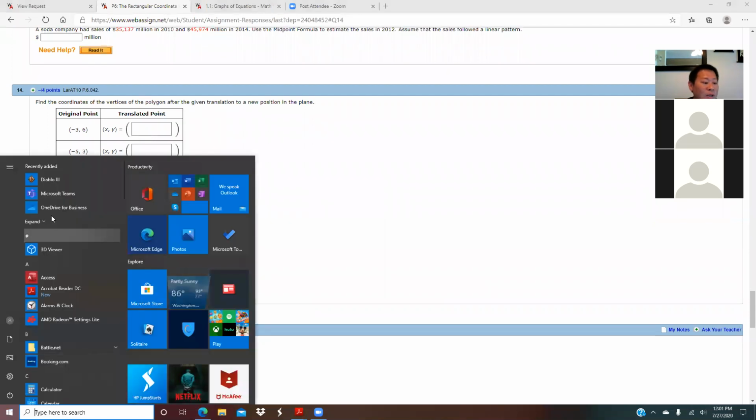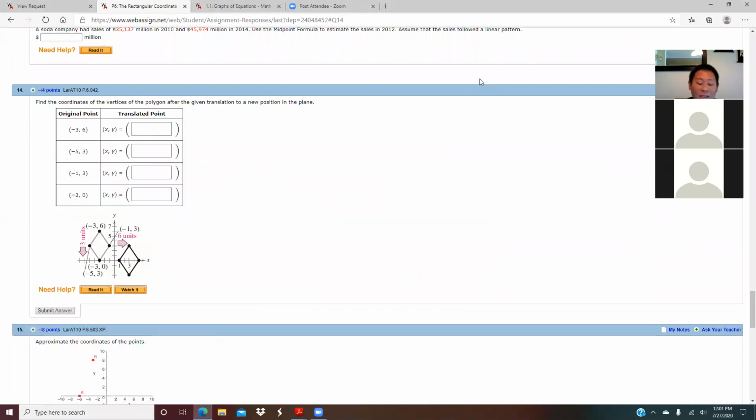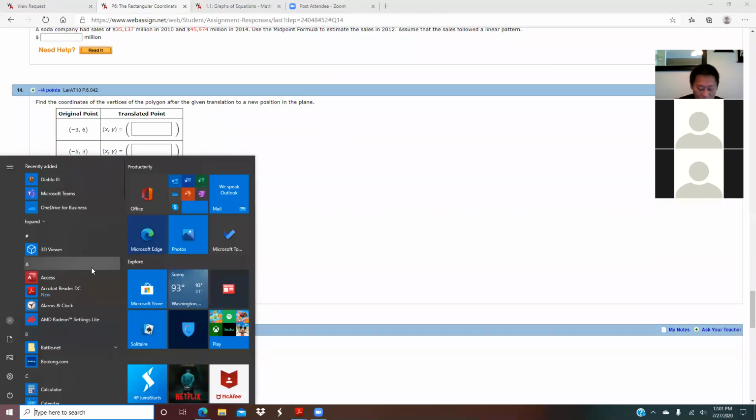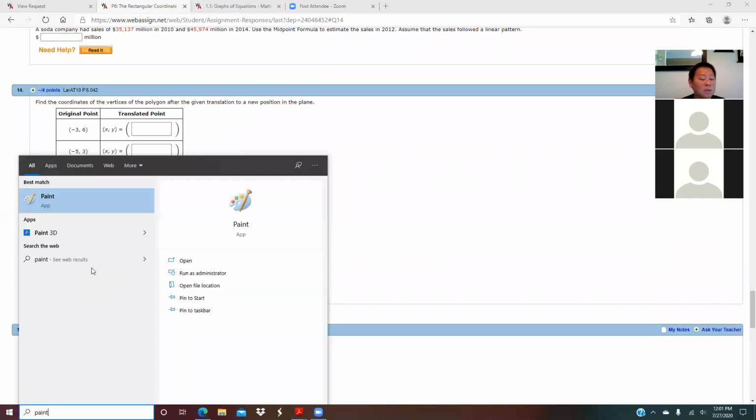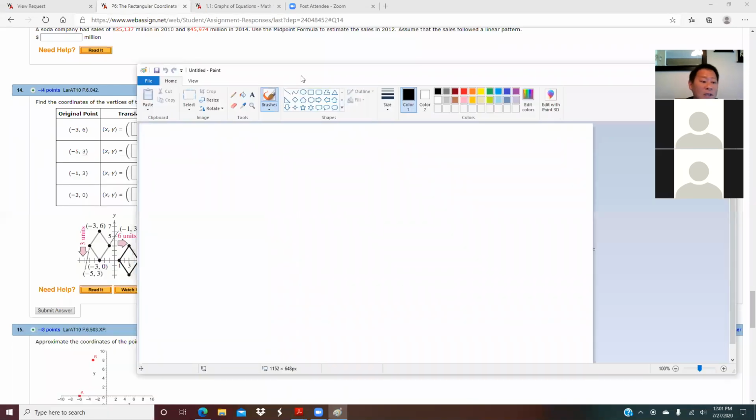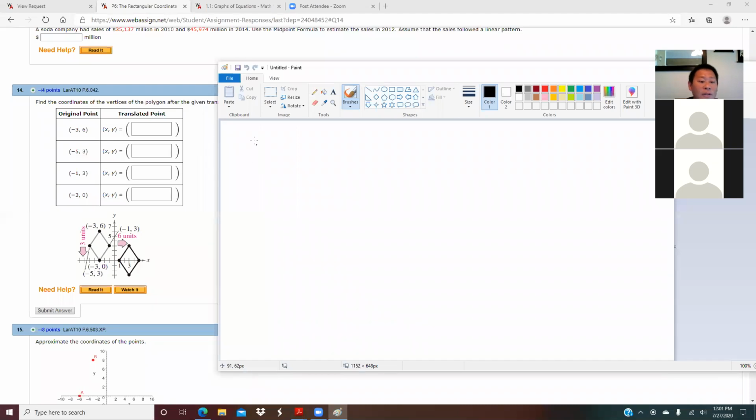So if a question gives us 3 units down and 6 to the right, they want you to figure out the new points. Let me just do my paint.